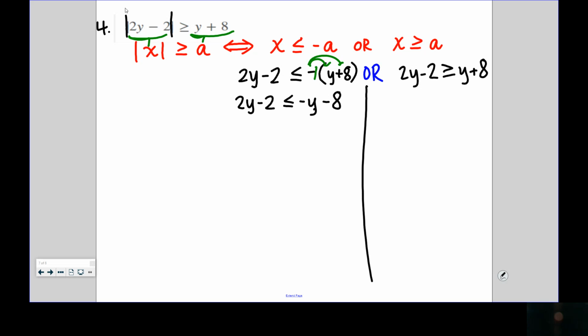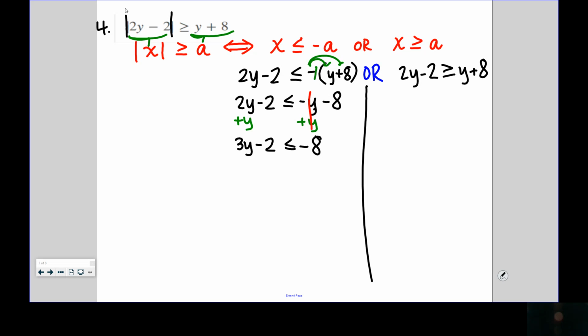All right, go ahead and get all of your variables on the left, all your numbers on the right. So I'm going to add y. So over here I have 3y minus 2 less than or equal to negative 8. Now what should I do?